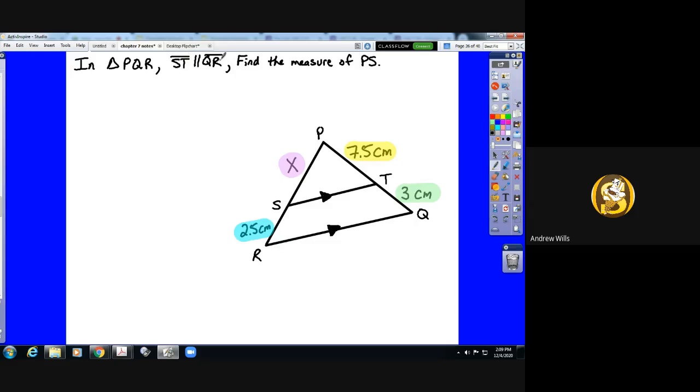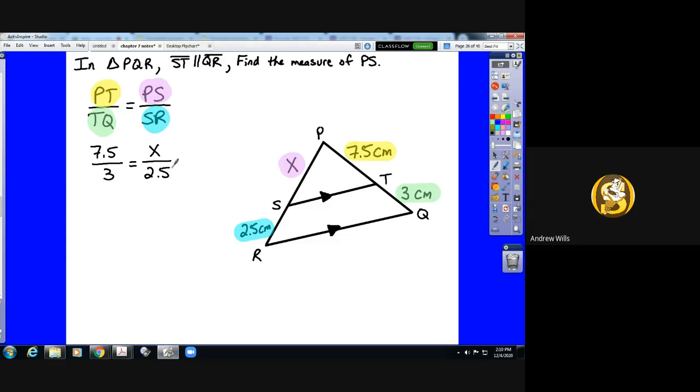Because ST is parallel to QR, PT is to TQ as PS is to SR. The top piece on the right line segment is to the bottom piece on the right line segment, as the top piece on the left is to the bottom piece on the left. Okay, by setting up that proportion and by plugging in the numbers that belong in that proportion, 7.5 is to 3, as X is to 2.5, we can cross multiply and solve for X.